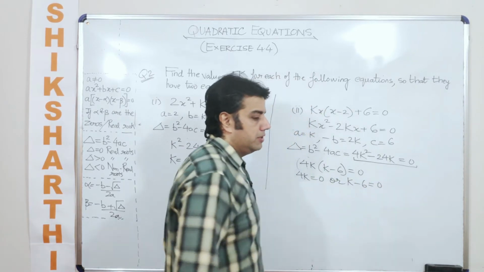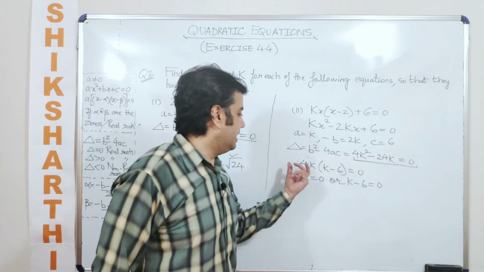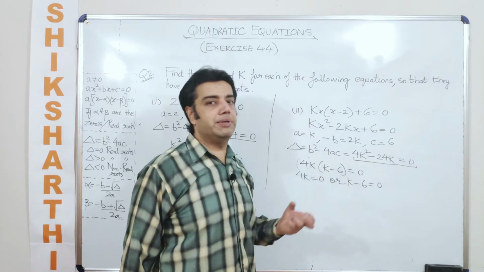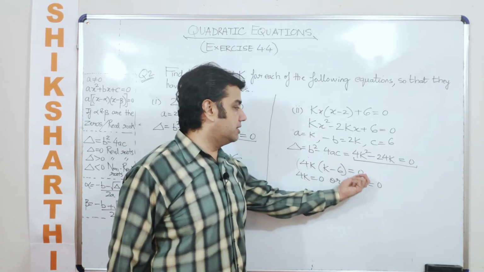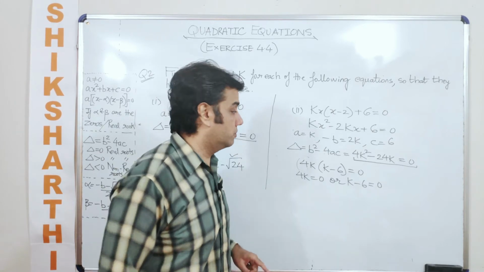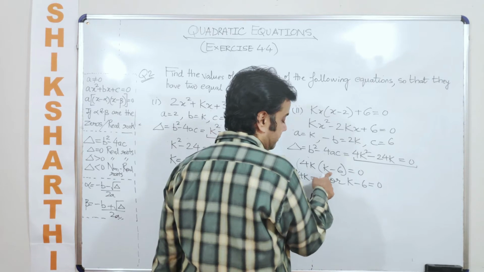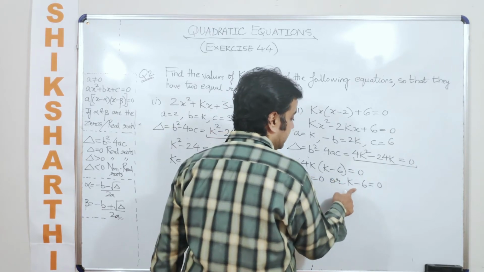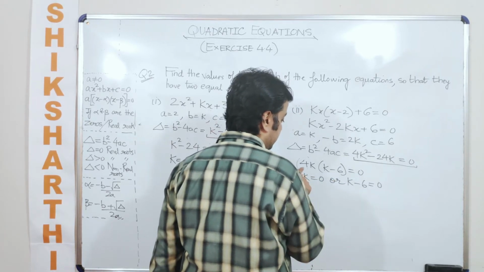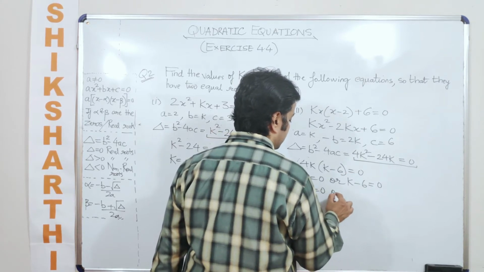If you recall my earlier videos wherein we talked about A cross B is equal to 0, let's say this is capital A and this is capital B. A cross B is equal to 0 only when one of them at a time is equal to 0. So once you get 4k equal to 0, in that case this will be non-zero, and when you take k minus 6 equal to 0, in that case 4k will not be equal to 0. So you are getting two values of k from here.